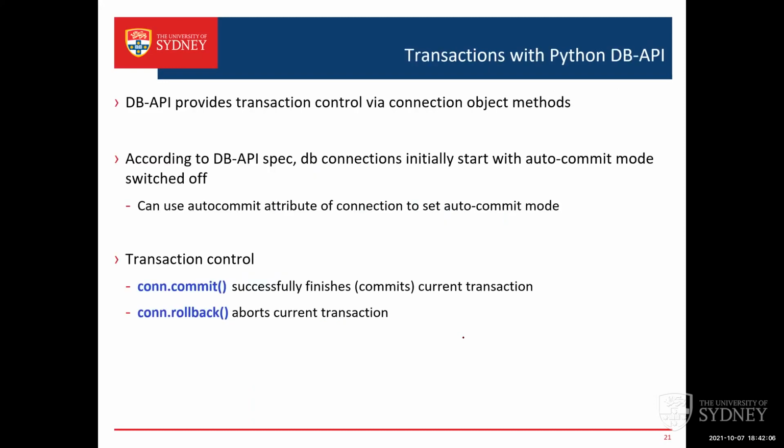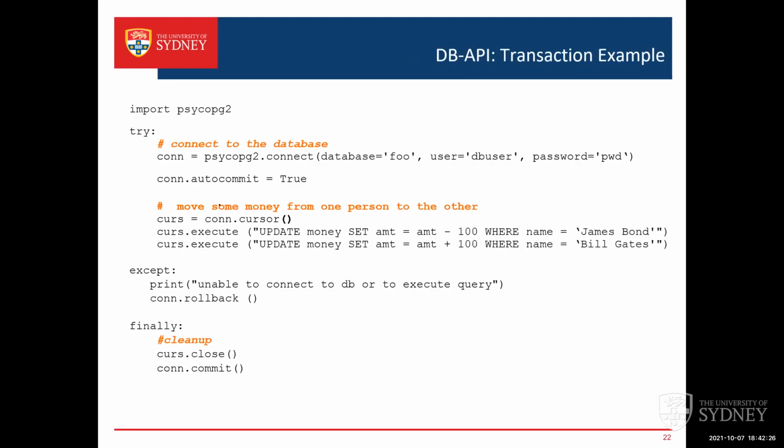What about Python? That was JDBC, that means for Java. For Python, same thing. We have methods for commit and for rollback. The only change is that auto commit is now an attribute, not a method, in Python DB API. That is the only change. Other than that, everything is fine. So you can see that this is not a method.